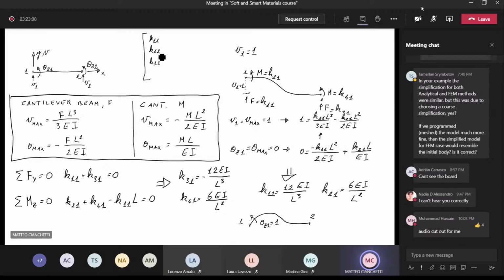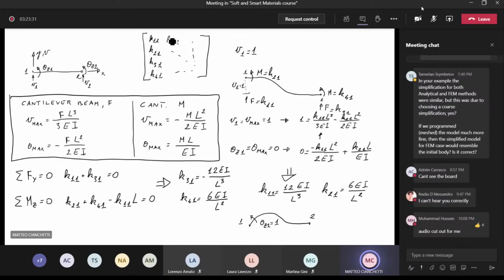I'm sorry, it's the other way around. It's K21, it's K31, K41, K12, and so on and so forth. So it will be a 4x4 matrix.